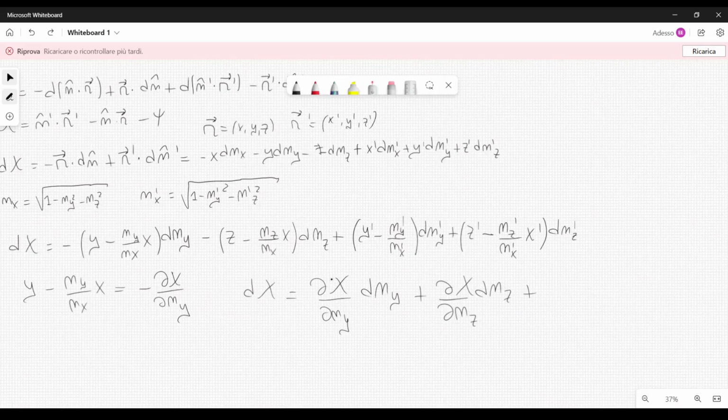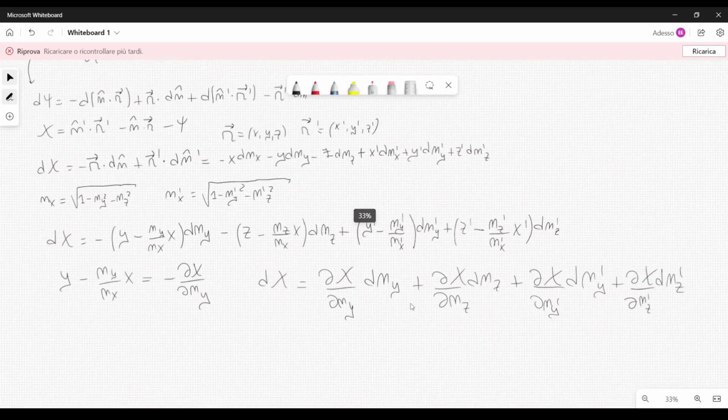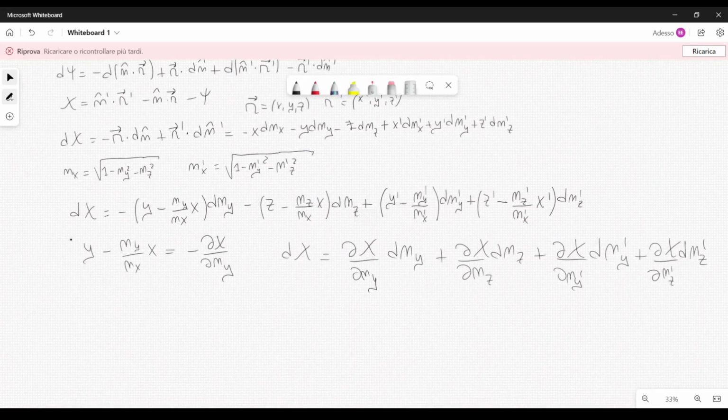So the independent variables are ny and nz, or you could also have chosen nx and ny or nx and nz, but only two of them. And then here we have plus d chi over dn prime y dn prime y plus d chi over dn prime z dn prime z. And of course, it means that since the variables are independent, we have this equation here.